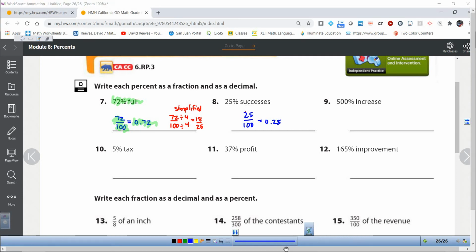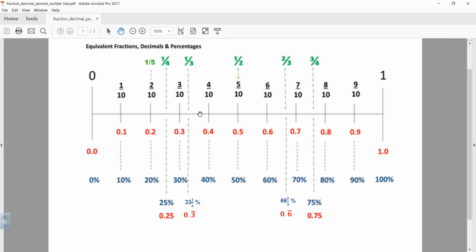I do want to bring your attention to what I posted with this assignment. This is that number line I referred to in the first video. The benchmark ones, the green ones, are the ones you should have memorized. 1/5 is 20%, 1/4 is 25%, and so on. Having this with you while you work through this set of problems would be a great thing to have, and I may be referring back to this in the future.